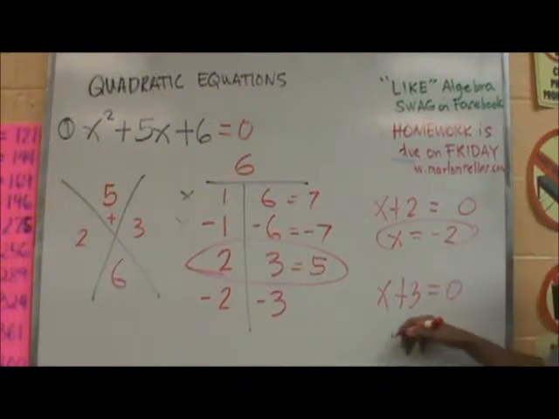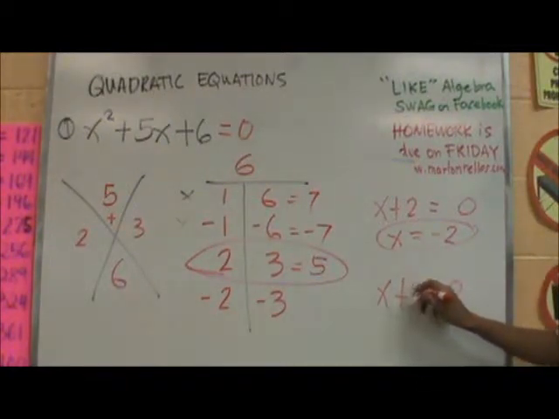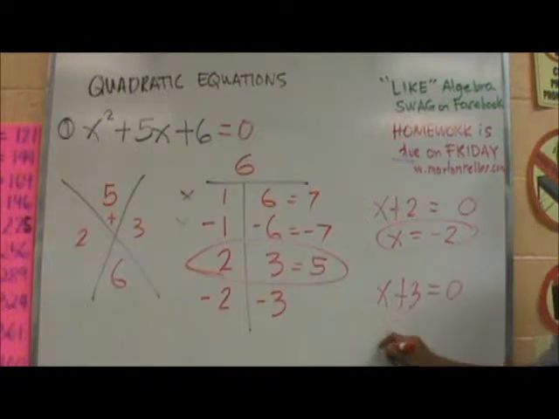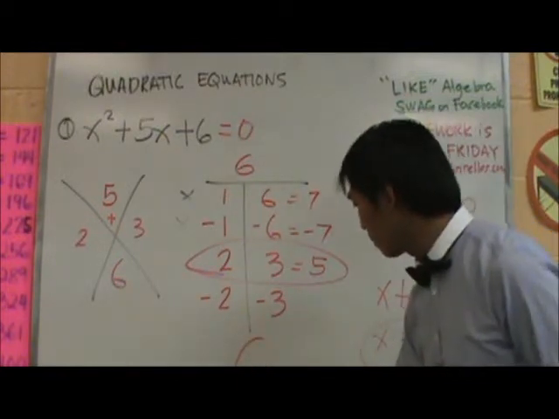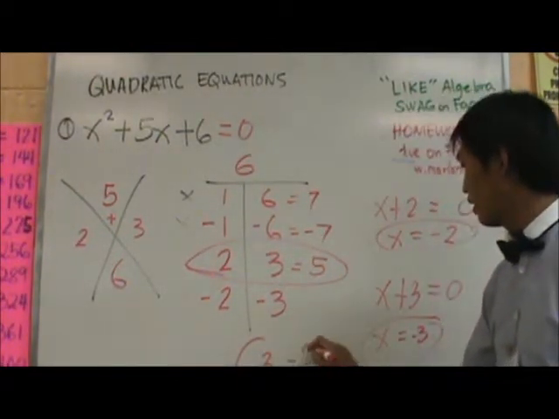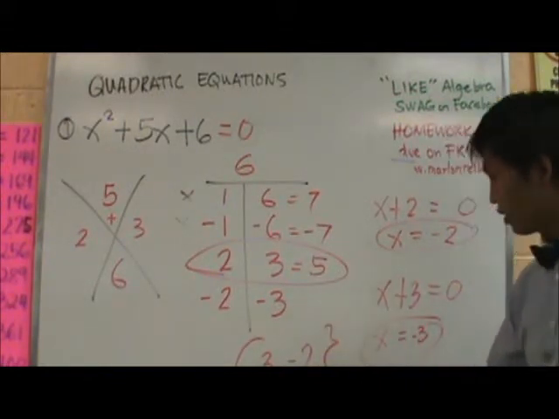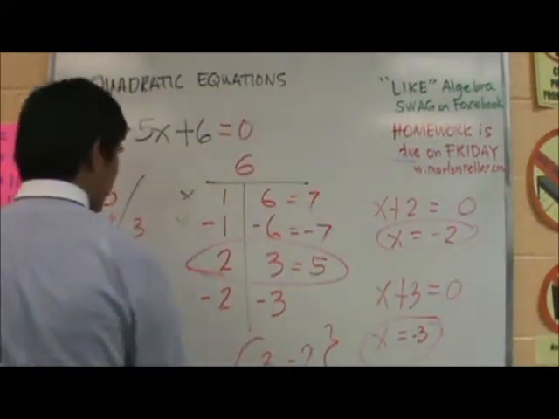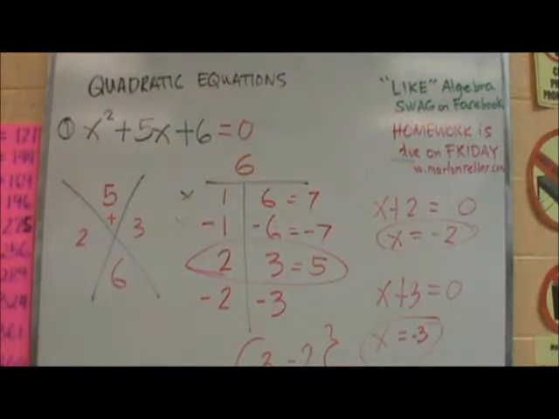The other value of x: move the 3 over, and it becomes negative 3. Here we go. And the final answer would be negative 3 and negative 2. This is going to be the solution of this quadratic equation.